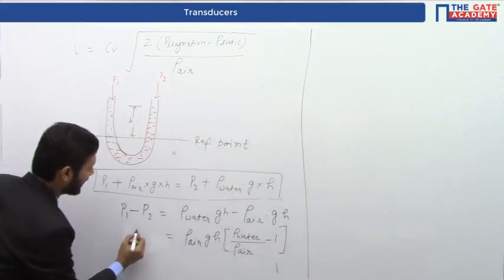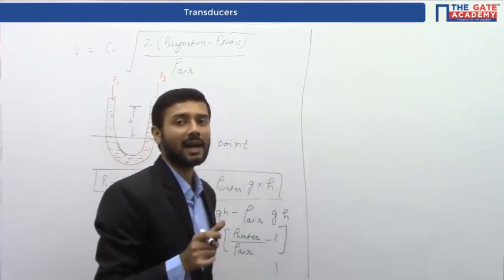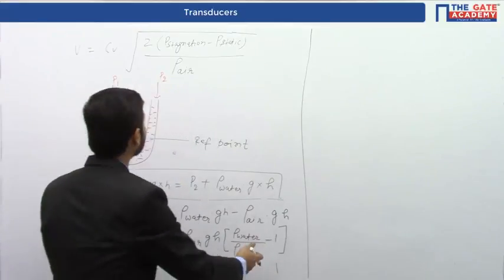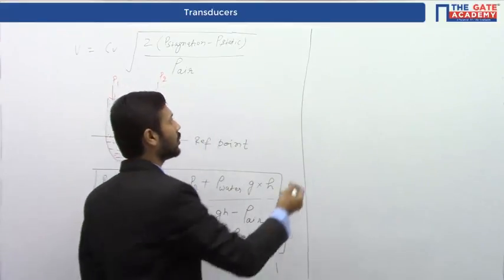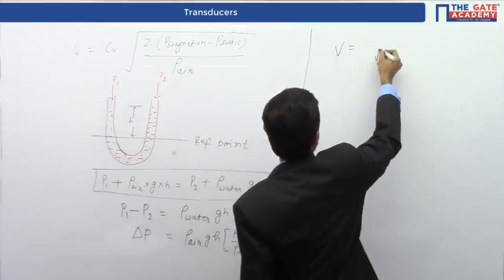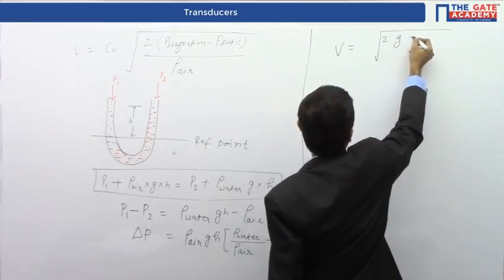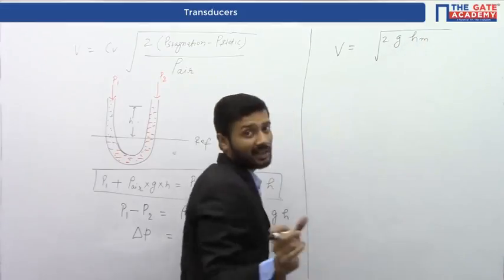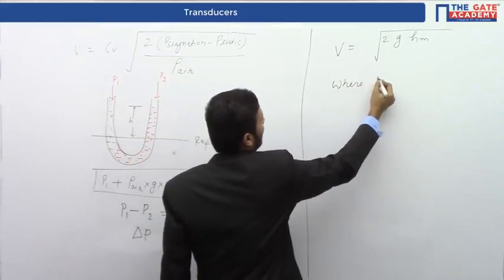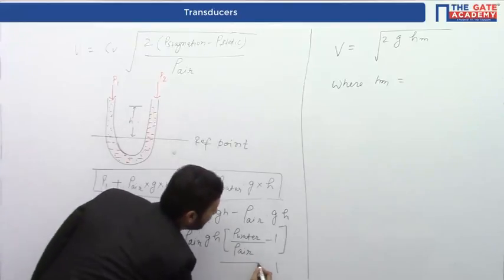Now, this pressure differential delta P is measured already by means of the U-tube manometer. Now we have to put this value in our equation. So we will get V equals root under 2g into Hm, where Hm is nothing but this thing only.